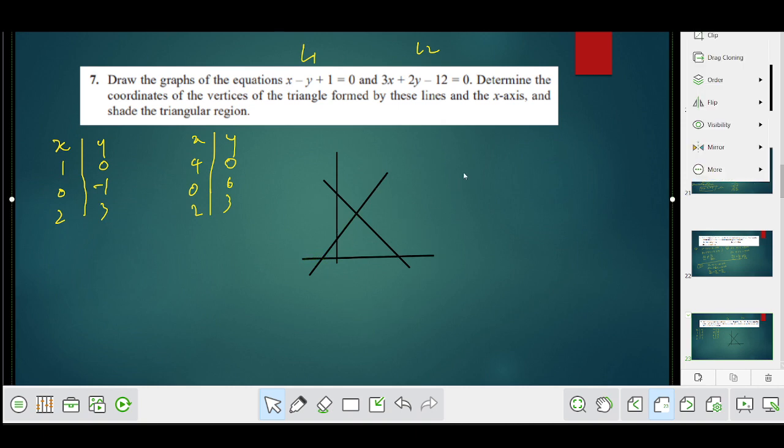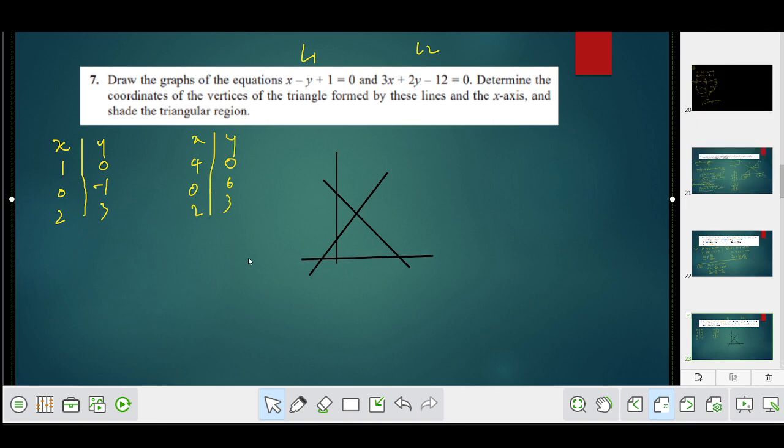This is the solution. Now here is the point 2 comma 3. Here is the point 2 comma 3, and this is the point y equal to minus 1.